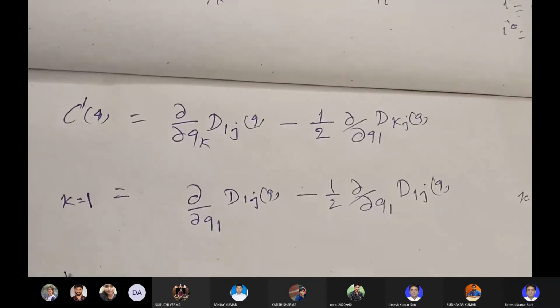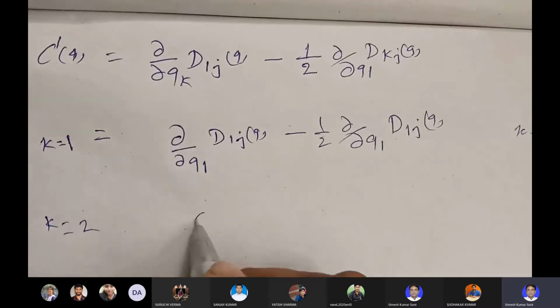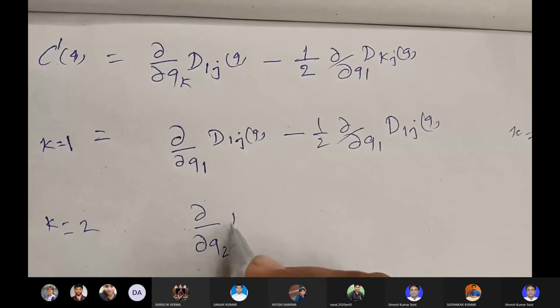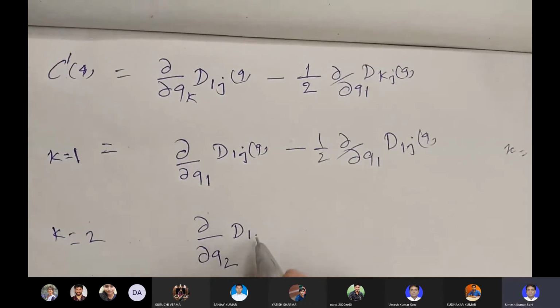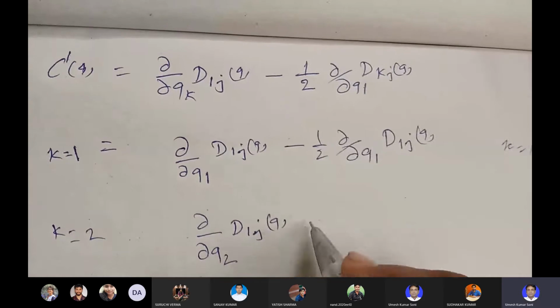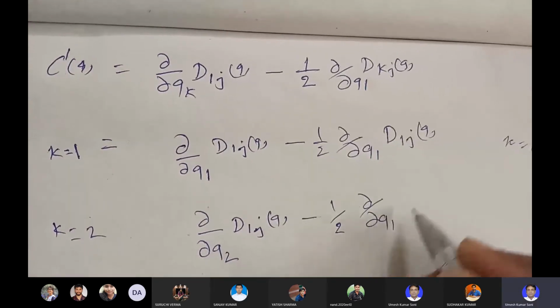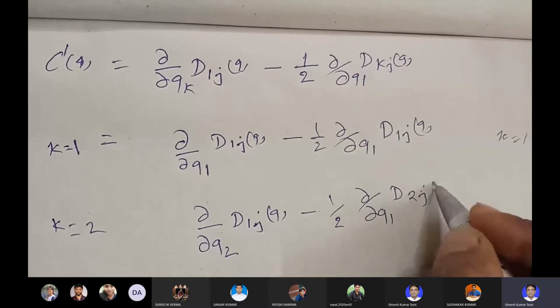Okay, for k equal to 2, you will get del upon del q 2 d1j cube minus 1/2 del upon del q 1 d2j cube.